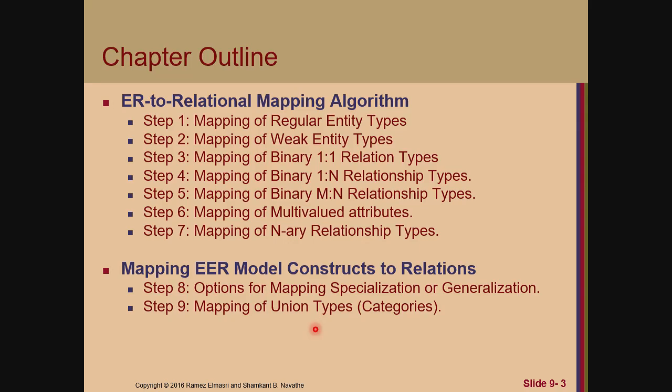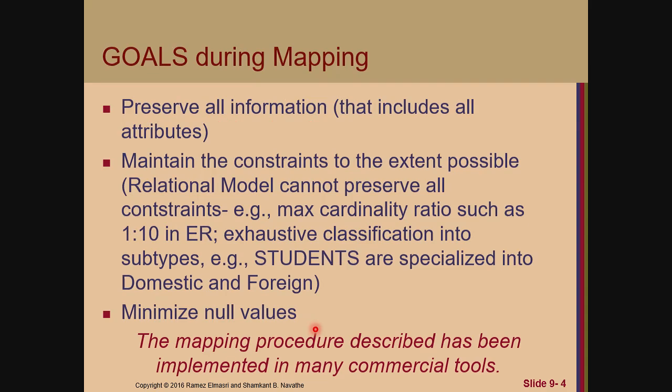So, the goal of the mapping is to preserve all information, all attributes in the ER diagram and also relationships, still contained in the relational table, right? Maintain constraints to the extent possible. The relational model cannot preserve all constraints, such as the maximum cardinality ratio 1 to 10 in ER.